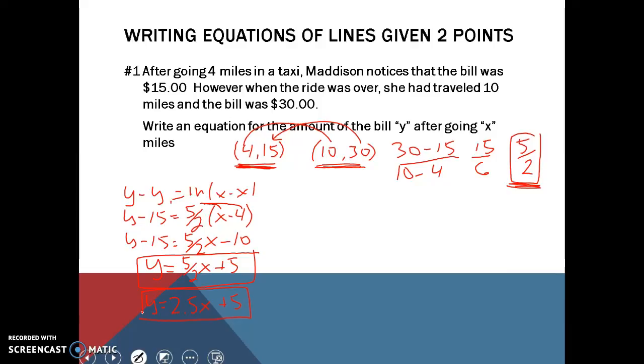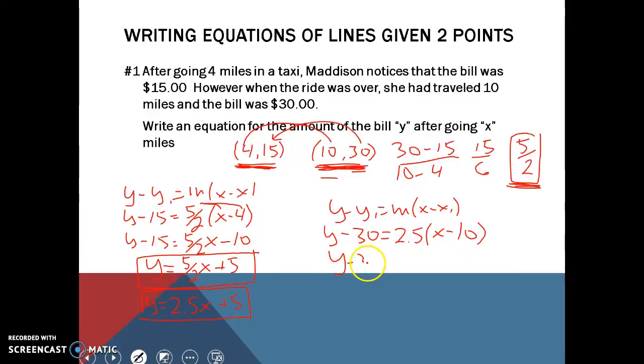Now suppose I pick this other point to do the same thing. I should end up with the same answer. Again, I would start with y minus y1 equals our slope times x minus x1. So we're going to have y minus the y value, which in this case is 30. That equals the slope, and I'm just going to go ahead and change it to 2.5 right away, times x minus the x value, which is 10. So I would have y minus 30.